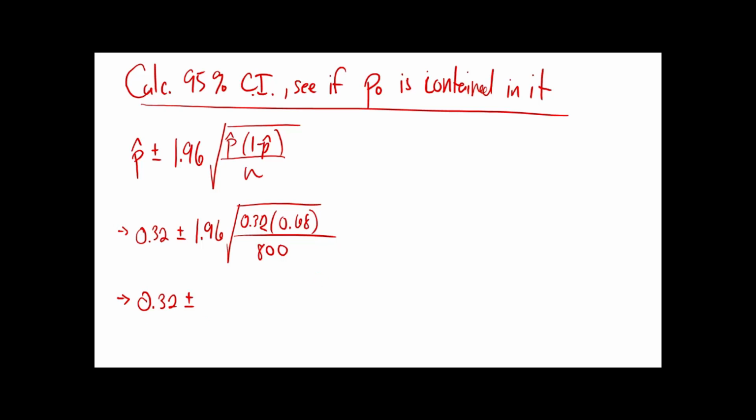Multiply those decimals, do the square root times 1.96, and let's see. I got 0.0323.